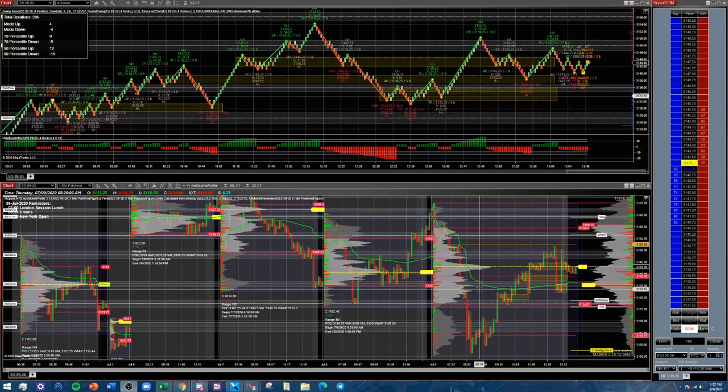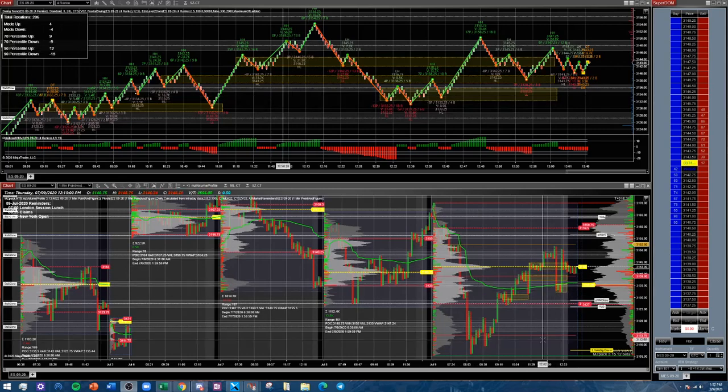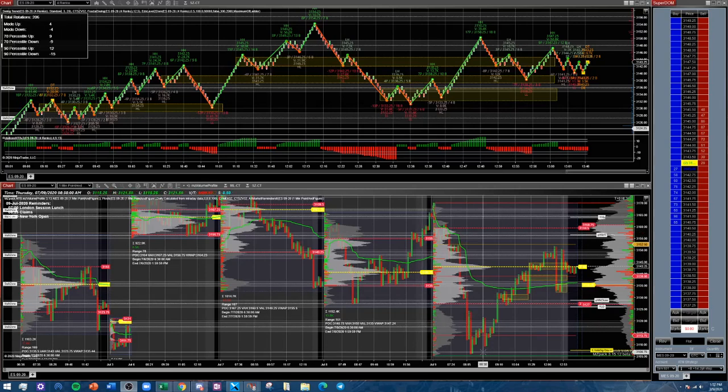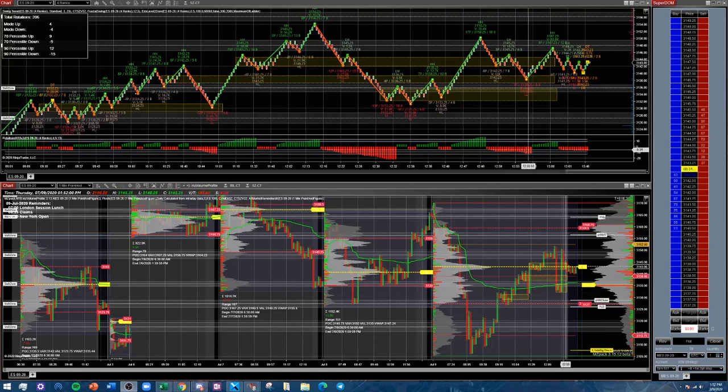So right now the market's in balance, and I'm really trying to look at the overall trend on the volume profile to gauge my bias before I'm ever looking at Bookmap or the footprint chart.